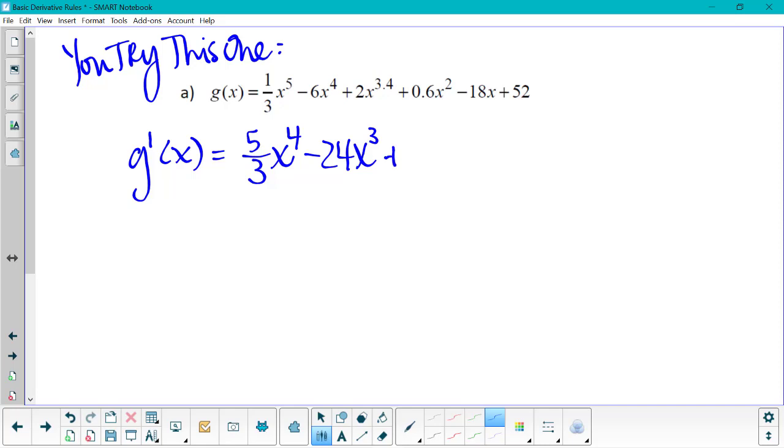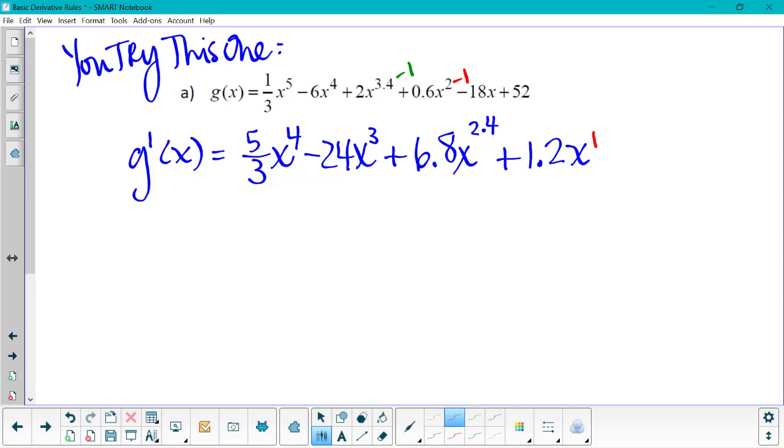We use the same rule. So we take 3.4 times 2, which is 6.8. When I decrease the power by 1, I get x to the 2.4 power, plus 2 times 0.6 is 1.2, x to the first.